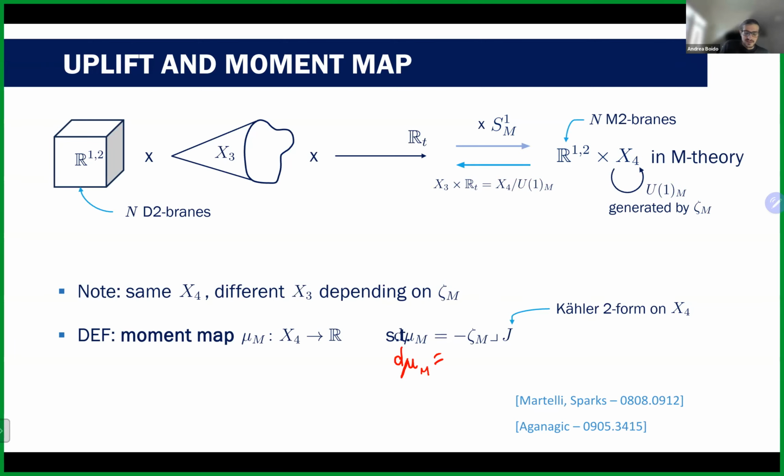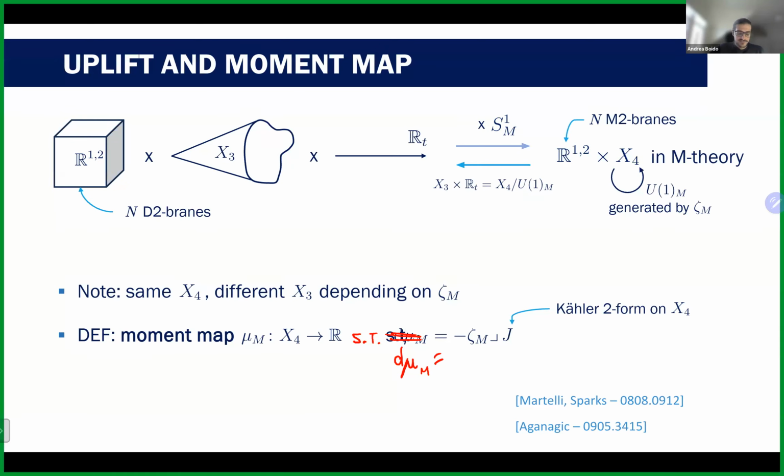Okay, let me define here an important quantity. This will be crucial for the rest of the talk. This is the moment map. It is just a function that goes from the internal space in M-theory X4 to the real line R, and is defined such that its differential is equal to minus the M-theory circle generator contracted into the Kähler 2-form on the X4.